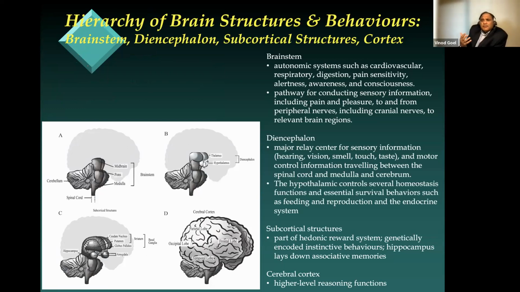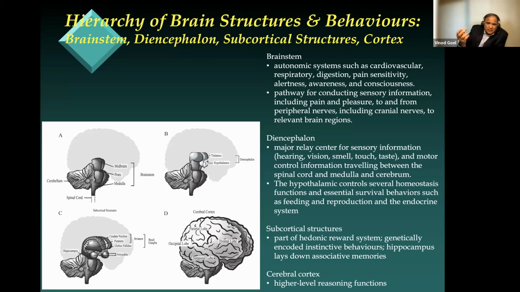So in terms of function, the brainstem, we're looking at autonomic systems such as cardiovascular, respiratory, digestion, pain sensitivity, pathways for conducting sensory information, including pain and pleasure. The diencephalon is the major relay center for sensory information: hearing, vision, smell, touch.